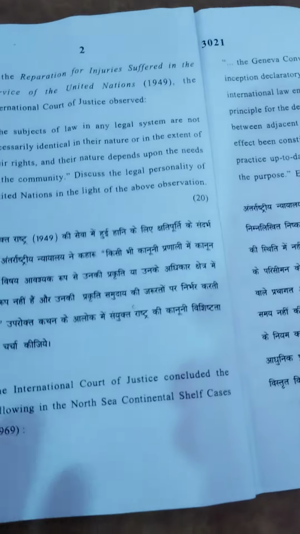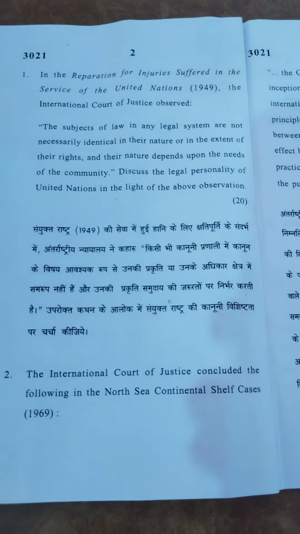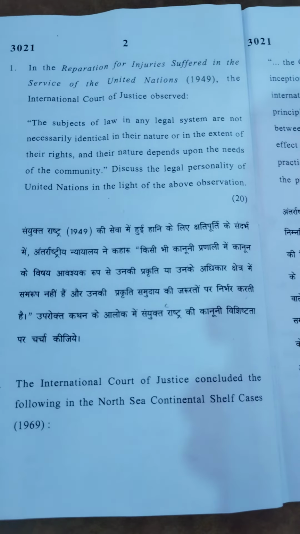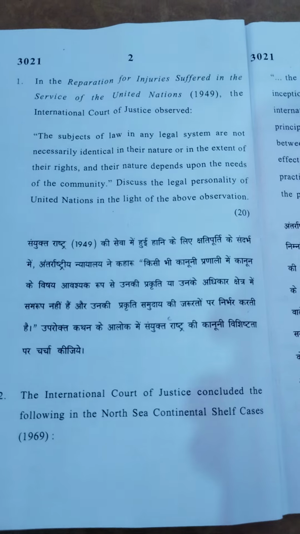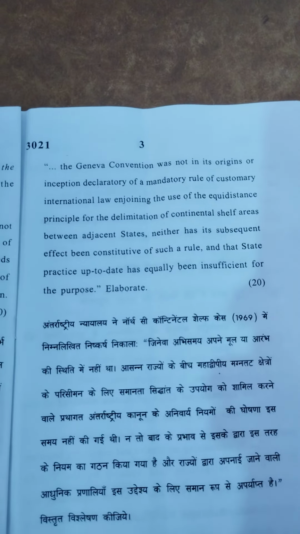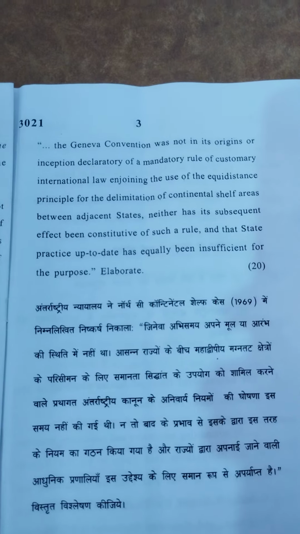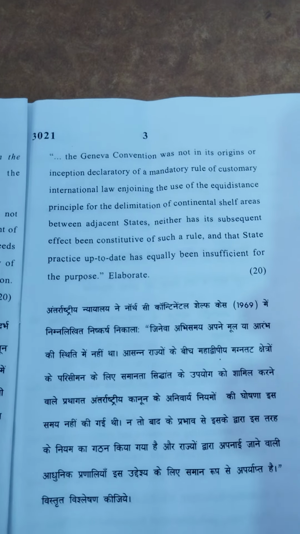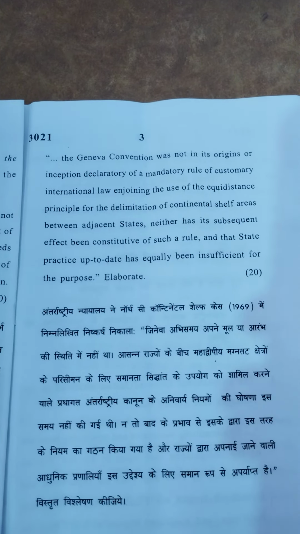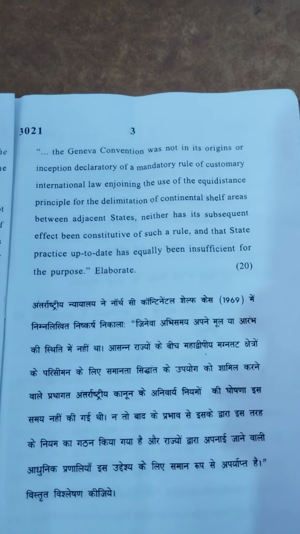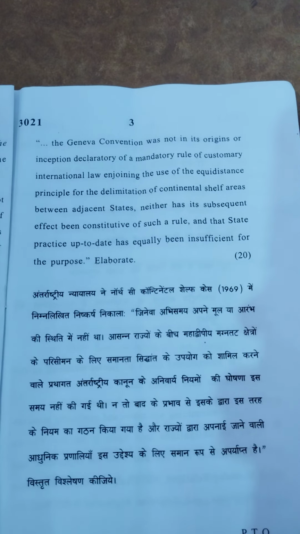So the next question is: the International Court of Justice concluded the following in the North Sea Continental Shelf case, 1969. It was concluded that the Geneva Convention was not in its origins or inception declaratory of mandatory rules of customary international law, enjoining the use of the equidistance principle for the delimitation of continental shelf areas between adjacent states.